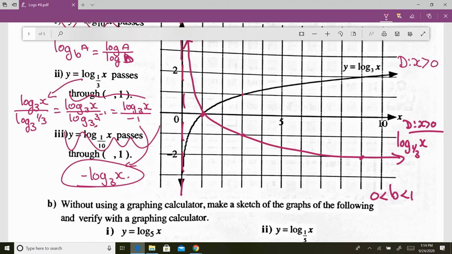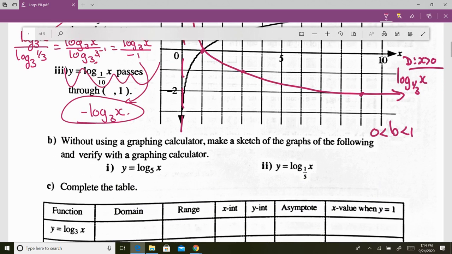If it's a whole number greater than 1 or any number greater than 1, like log base 1.5, it will be rising like that, okay? So if I said, sketch these two graphs, log base 5 of x, and I just said, make a quick sketch of that graph. Is it rising or falling? Rising.